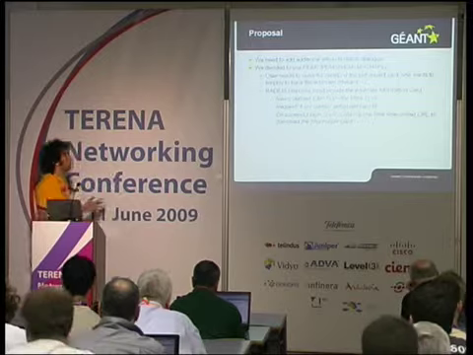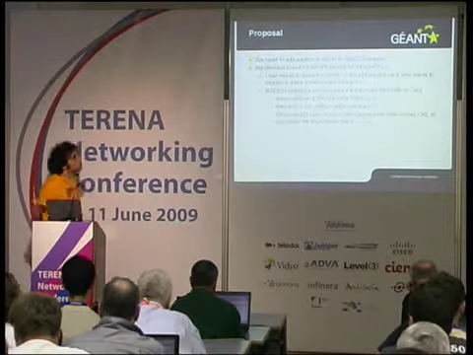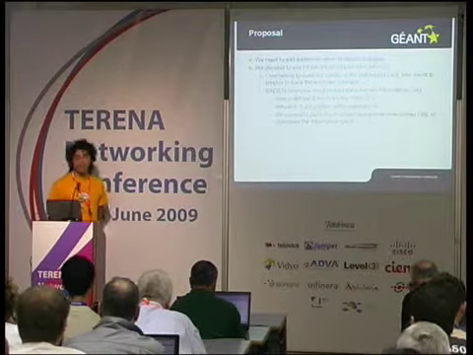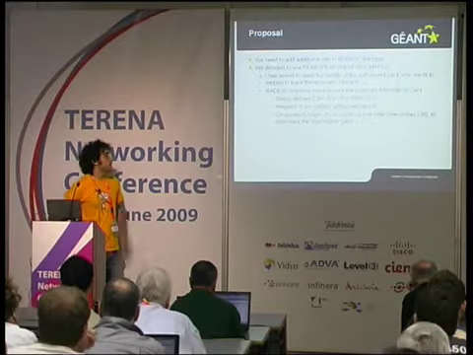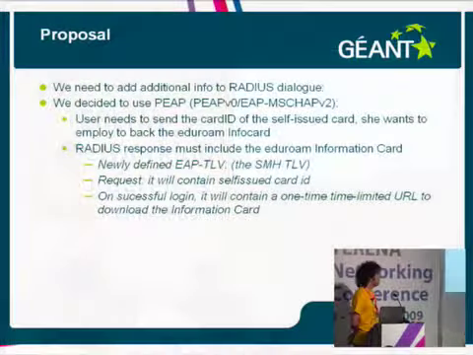What is our proposal? Well, we have some previous work, and we wanted to keep the work as simple as possible, but the few things that we have to do, we need to modify some parts of the RADIUS dialog.